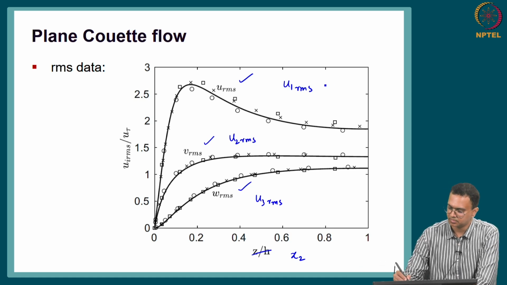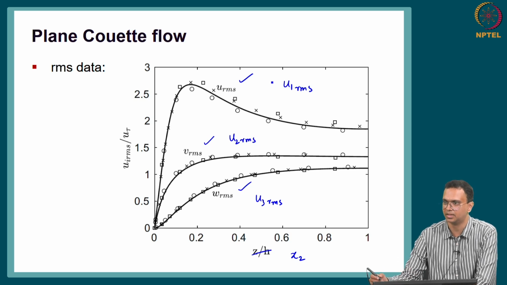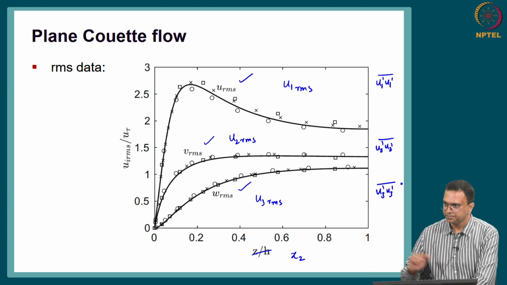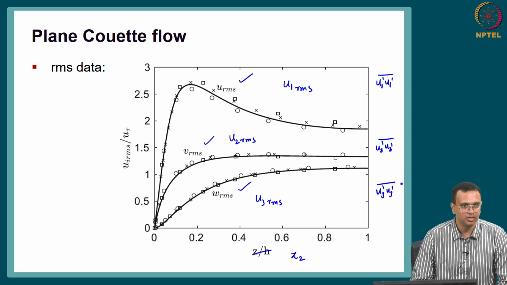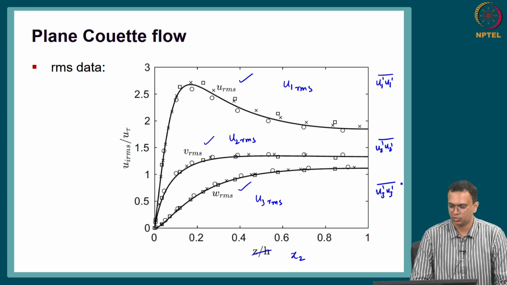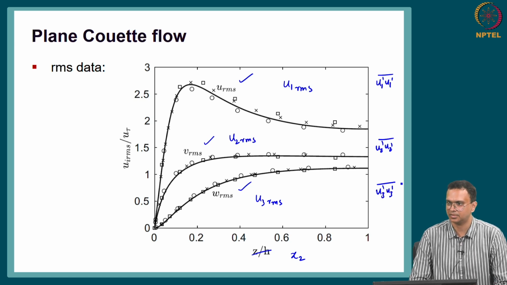You already know RMS means that if I square this I will get the stress. Upon squaring I would get this. Are all the terms 0? Who is producing then? u1 prime, obviously there is a production rate. That term is working very hard. The production P11 is the hardest working.